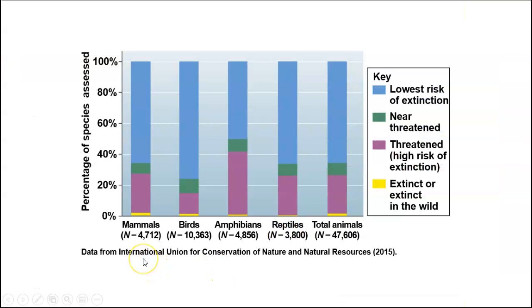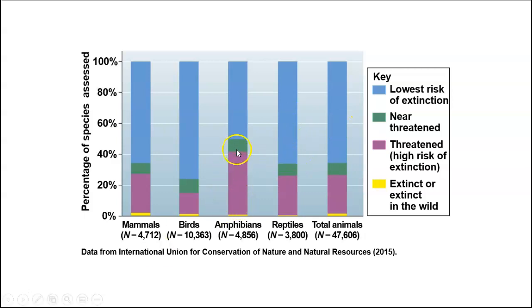Well, here we have a graph that shows the relative abundance of different kinds of animals. This is a stacked bar graph that shows animals that have the lowest risk of extinction, ones that are near threatened, and ones that are really threatened with a high risk of extinction. Notice the amphibians.